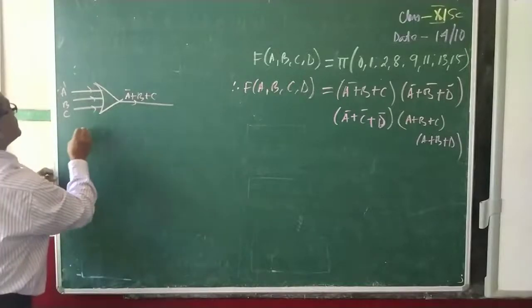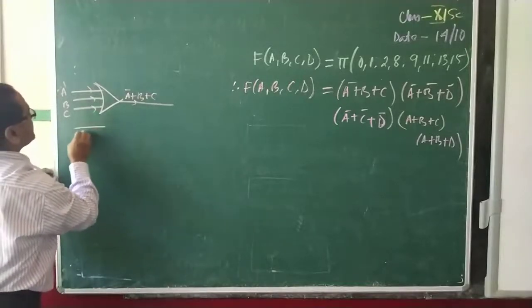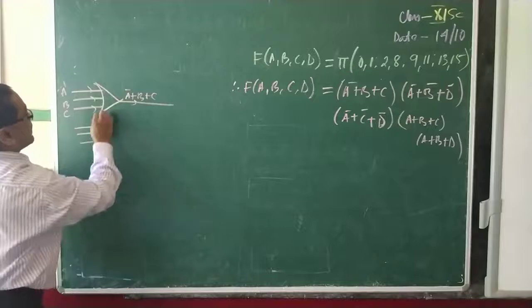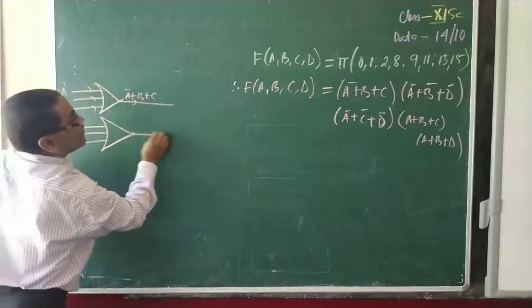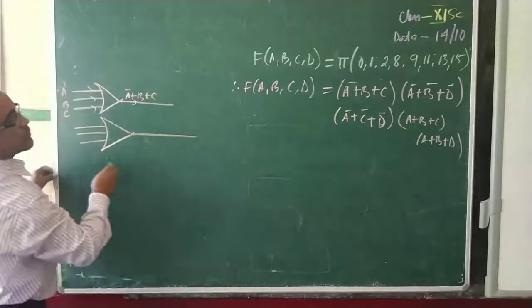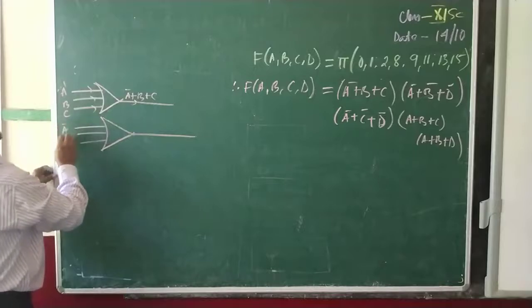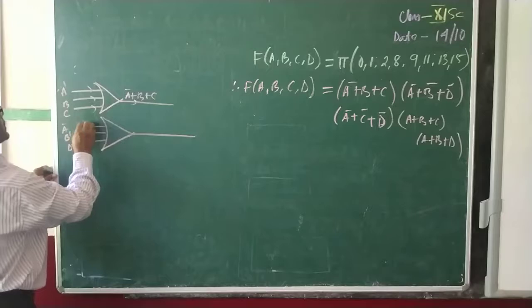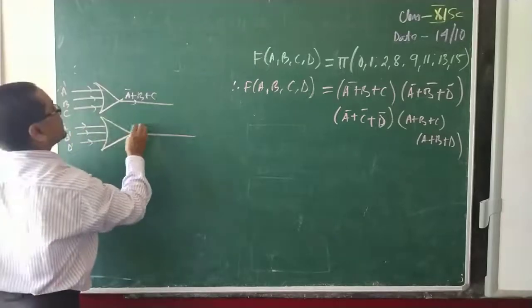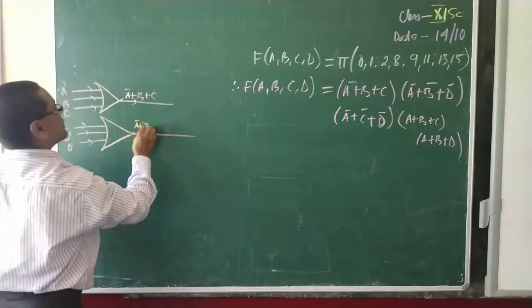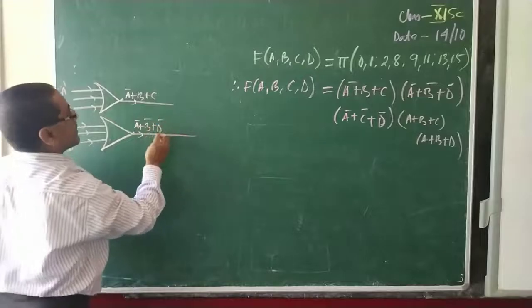Then again 3 inputs you take: A complement, B complement, D complement. Now here you take A complement plus B complement plus D complement.